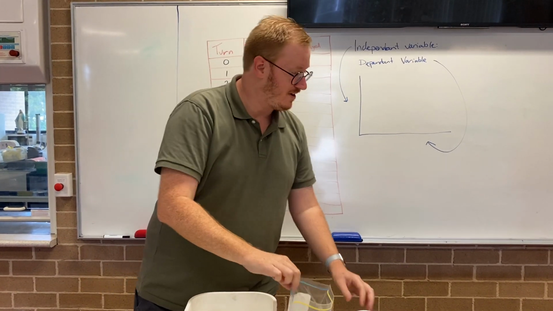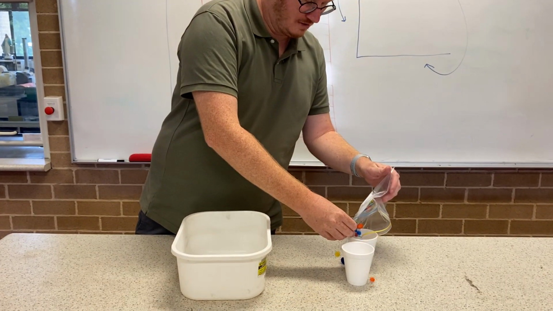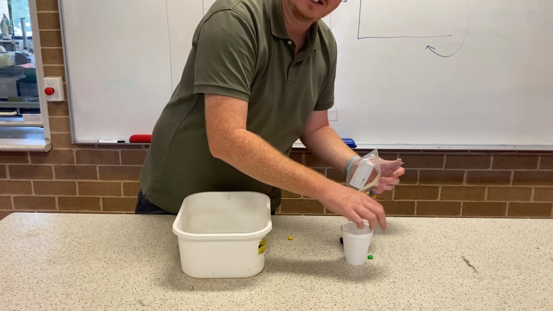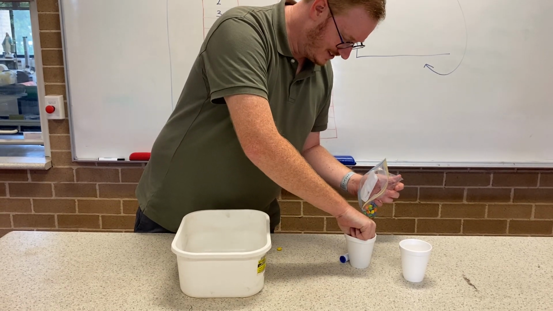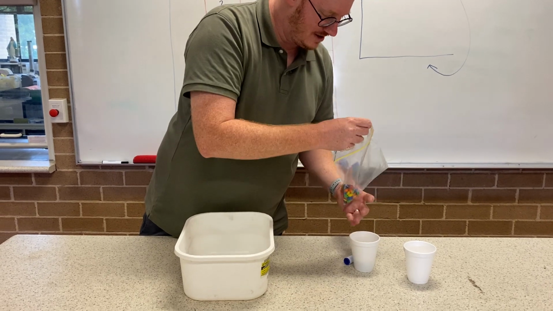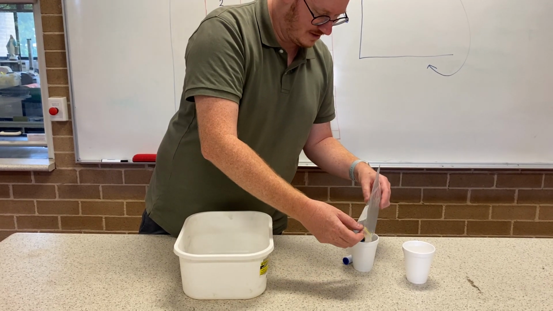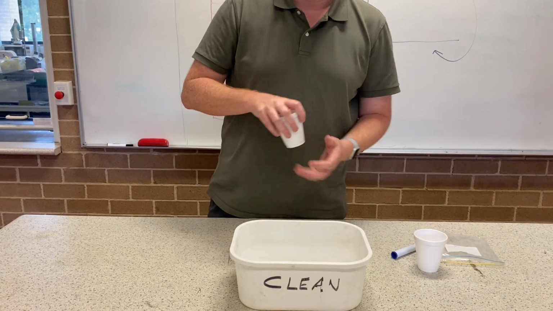Now on my turn 1, I'm going to put them all in a cup, and hopefully not lose them. That's okay. Put them all in a cup, then shake them up to get it as random as possible, and put them in this tub.